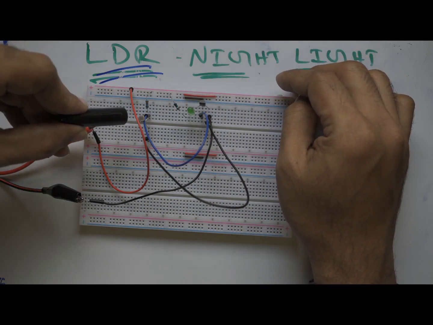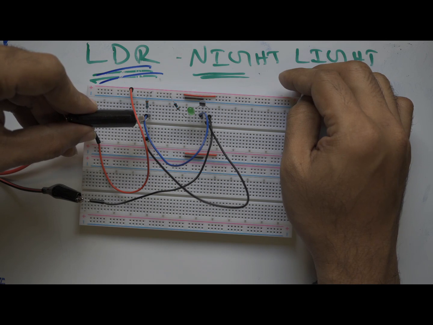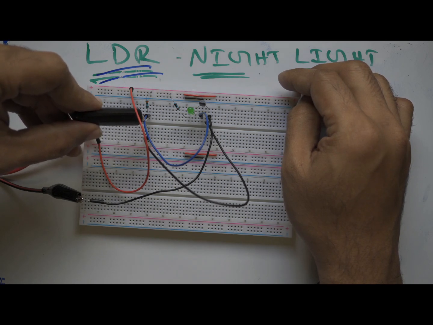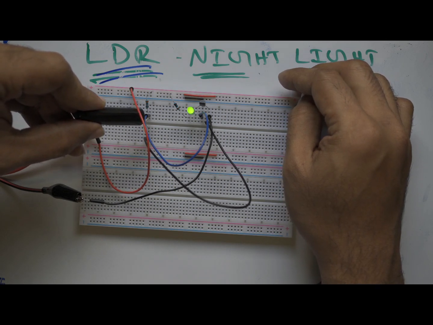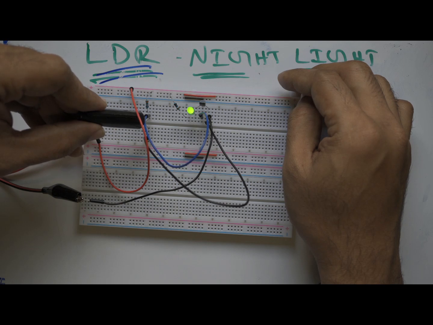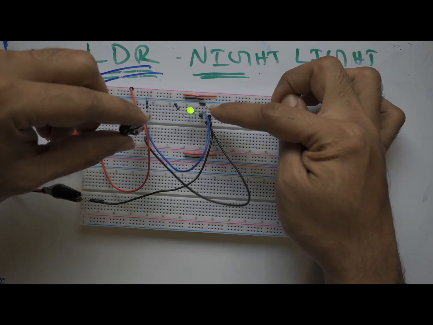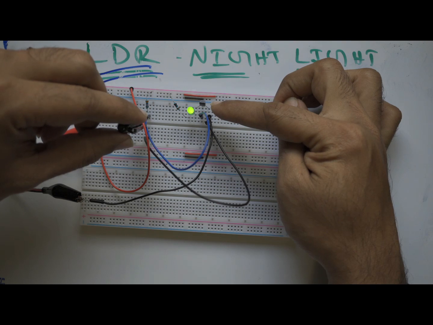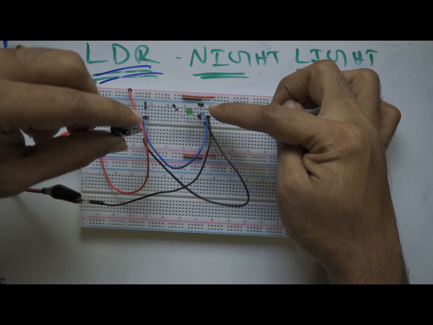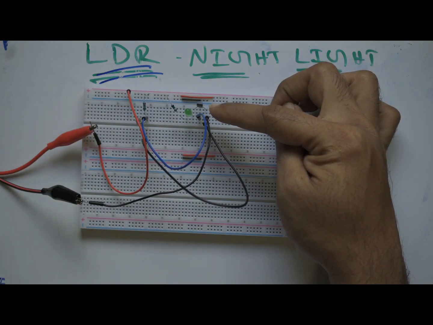Let's see about that. I'm just taking the cap slowly, and see the moment I put it in, the LED goes on. You can see it's coming on again, and the moment I take this away, it goes off. This is how it works.